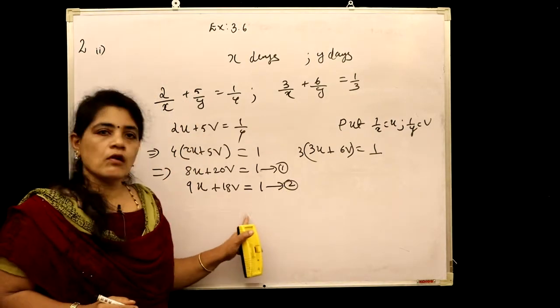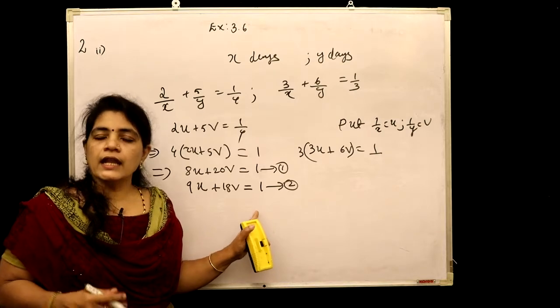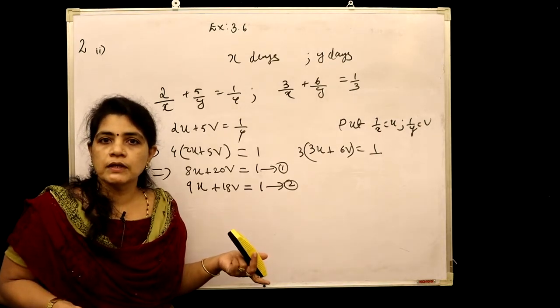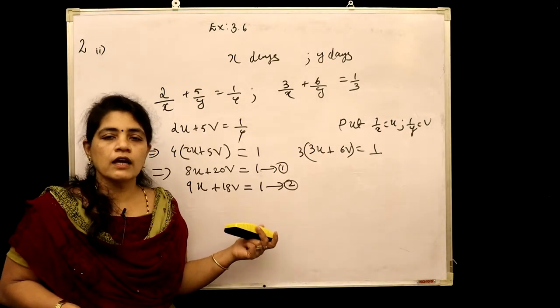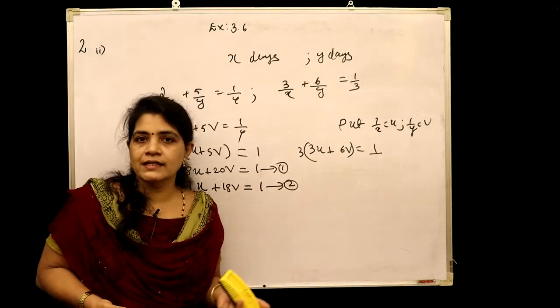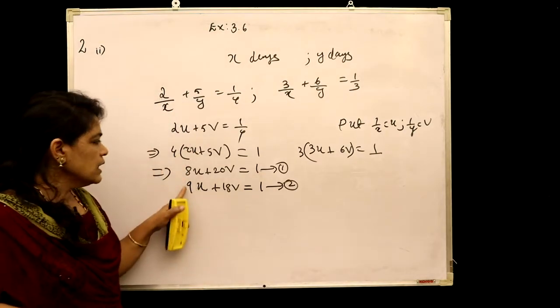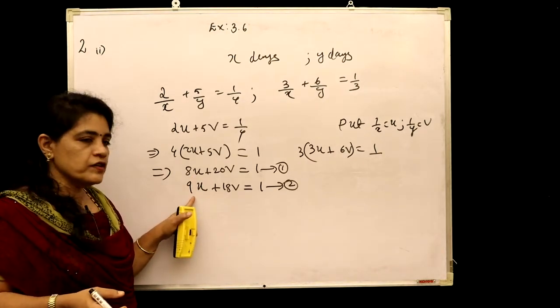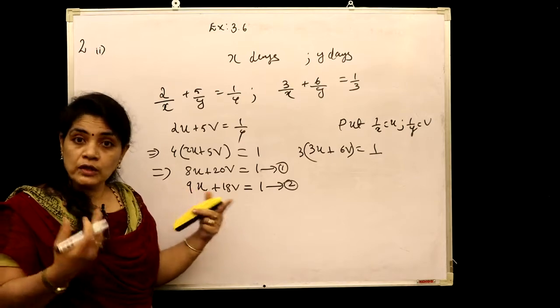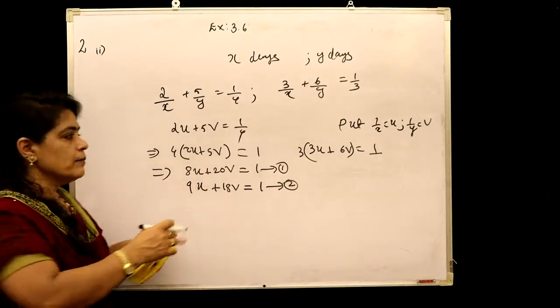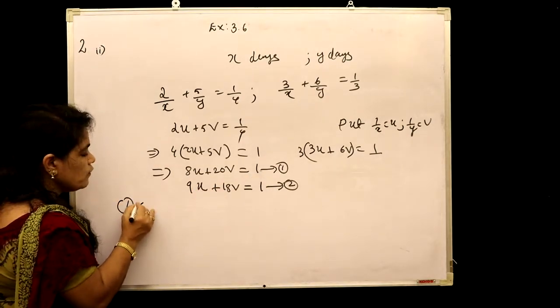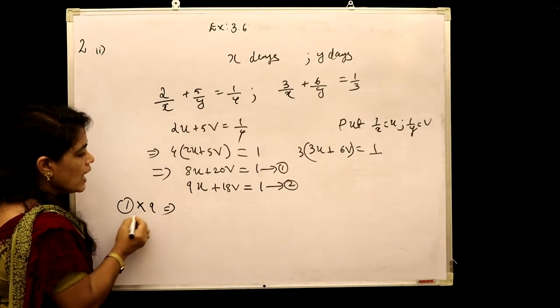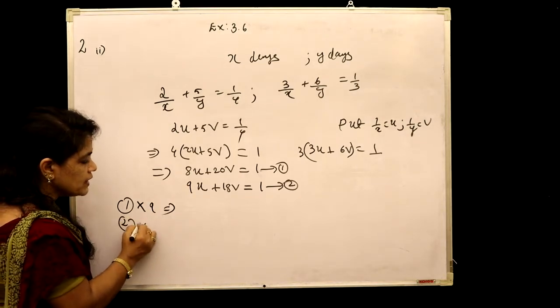Now we can solve for u and v by either the substitution method or the elimination method. I am doing the elimination method in order to get u and v. Here we can't simply add or subtract, as the coefficients are not the same. So we have to multiply equation 1 with 9 and equation 2 with 8.